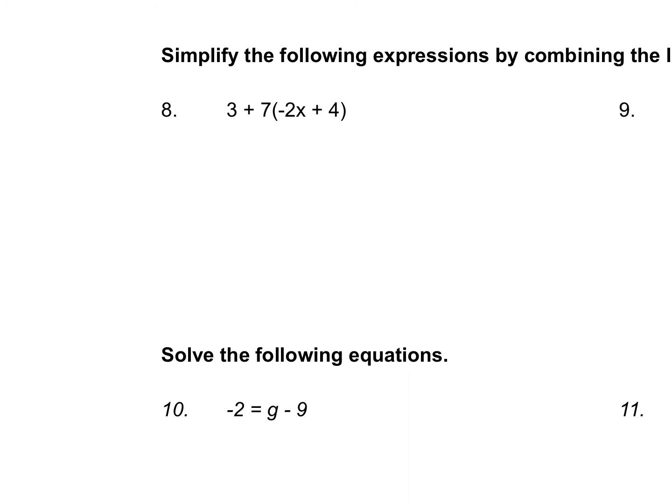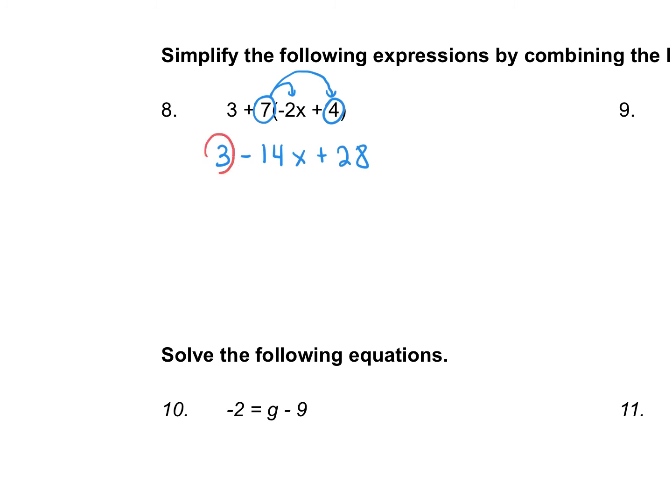Let's take a look here where we're simplifying our expression by combining our like terms. Remember, I first need to distribute. So I'm going to distribute that 7, and I know it's going to be a -14. So I'm going to get rid of that plus there, make it a subtraction, and then 7 times 4 is going to give me a positive 28.